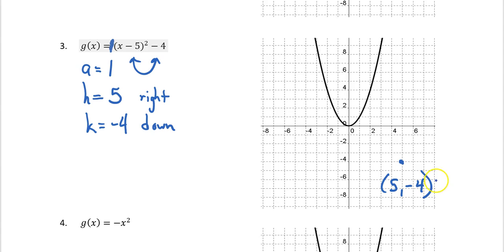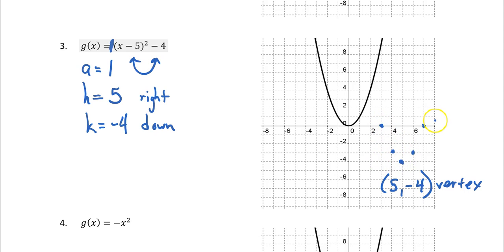Once we have that as our vertex, we can use the fact that we can go right 1 and up 1, and left 1 and up 1. Then I go back to my vertex, I go right 2 and up 4. Then I go left 2 and up 4.